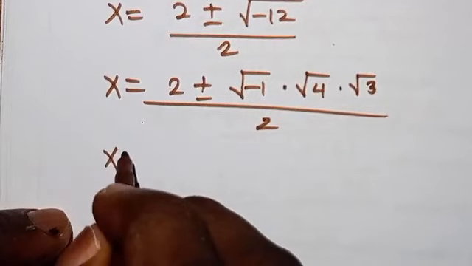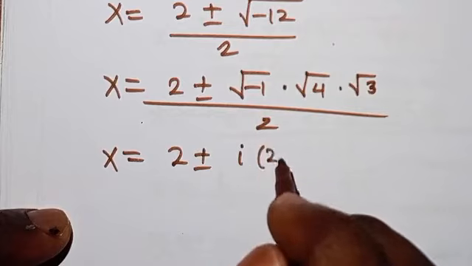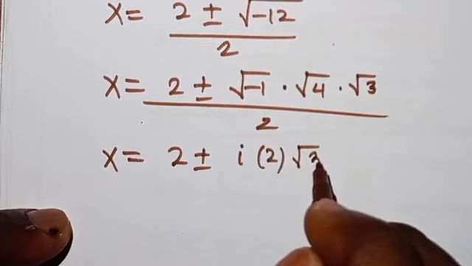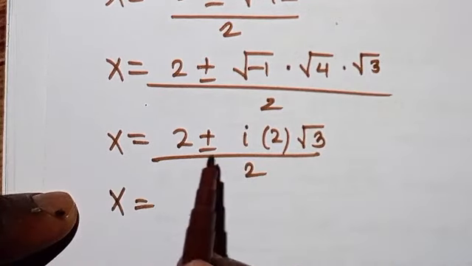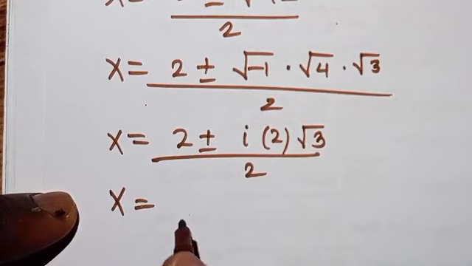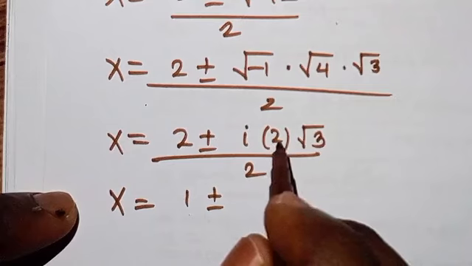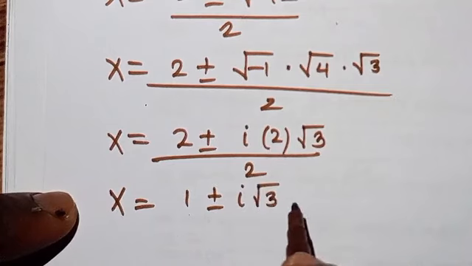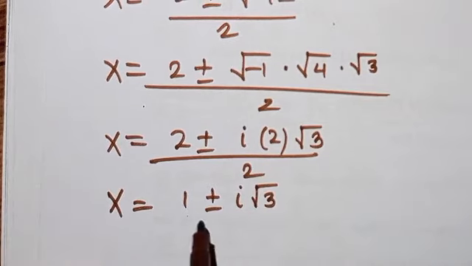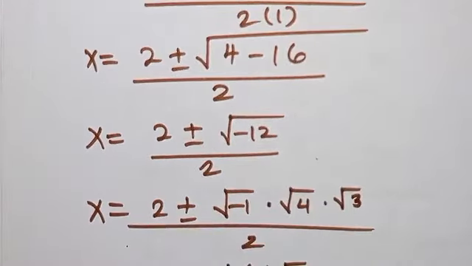So from there we have x equals 2 plus or minus i times 2 root 3 all over 2. So now here 2 is common, so this is going to be 1 plus or minus i root 3, since 2 divided by 2 is 1 and 2 divided by 2 again is 1. So we have another solution here.